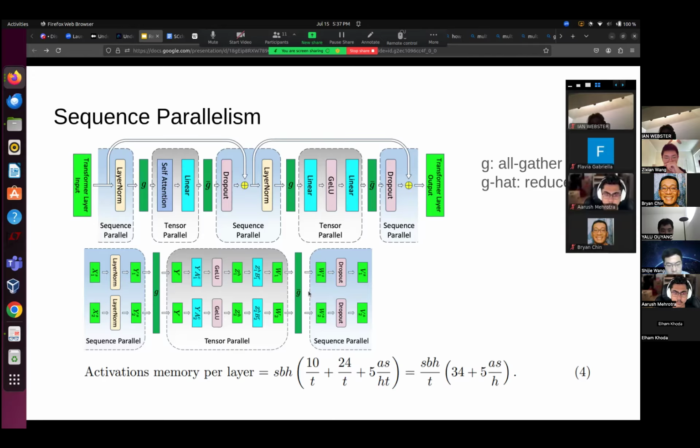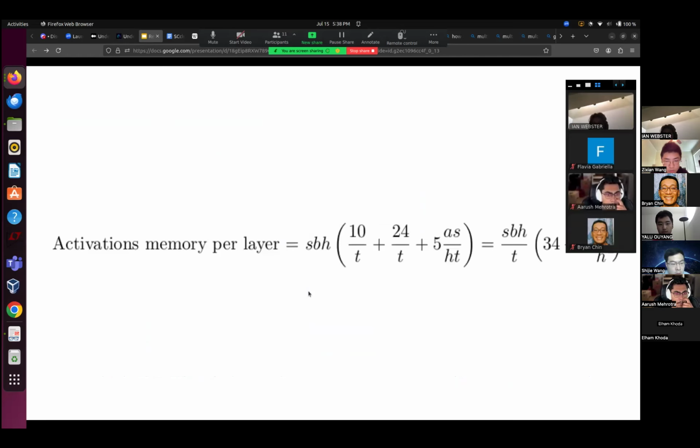Then I believe we should move on to the next part, which is pipeline parallelism. Yeah, sure. Thank you, Jacob. I can go over it, since Sammy is not here.